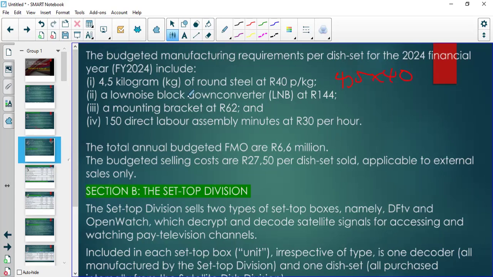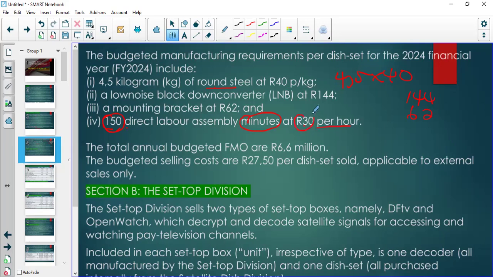All right, so that's your round steel. Then this one here, it's 144, so it's given. I'm going to put it as it is. Then this also is given, and it's 62 rand. Then direct labor, this is the standard quantity, 150. You see here it's minutes, so we have to align that, right? Because we can't say 150 minutes multiplied by 30 rand per hour.